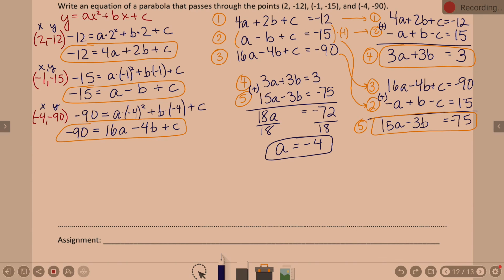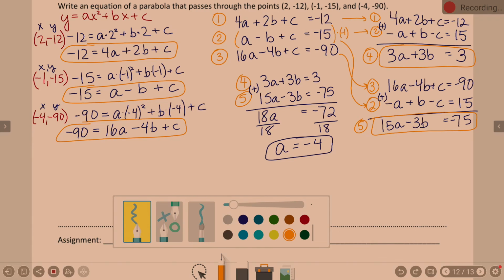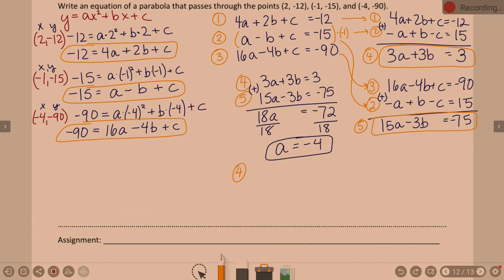Okay. You got the process down, right? We're going to take A and put it, let me guess, you guys did 4? So if we put that into 4, 4 is 3a, 3 times negative 4, plus 3b equals 3.